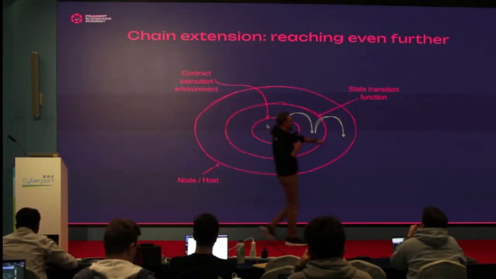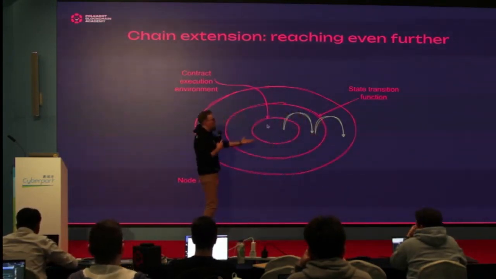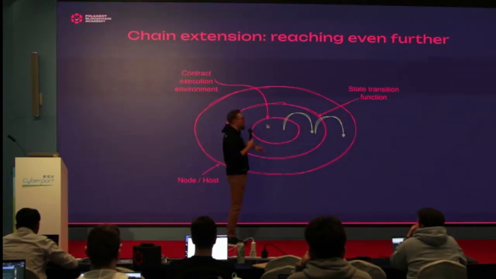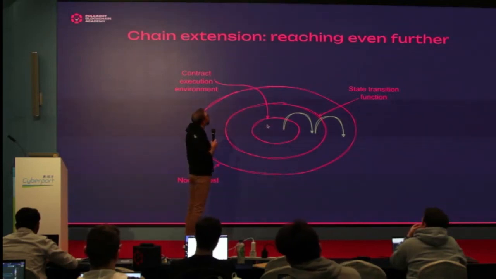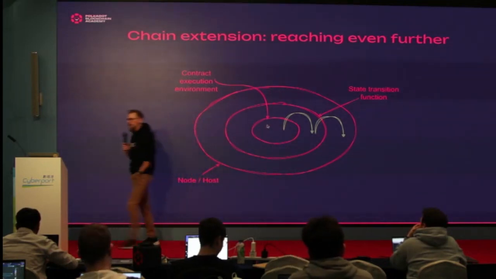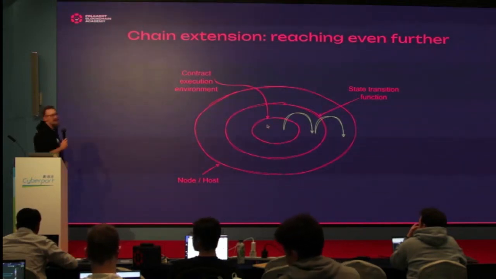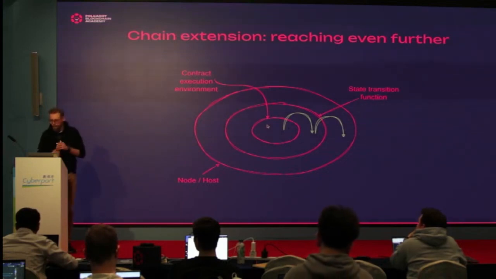Just by returning a result from there back to the contract, we're able to perform very heavy mathematical operations from a contract with pretty low gas usage. So outsourcing things is very useful in some cases, and it's doable only via this chain extension.